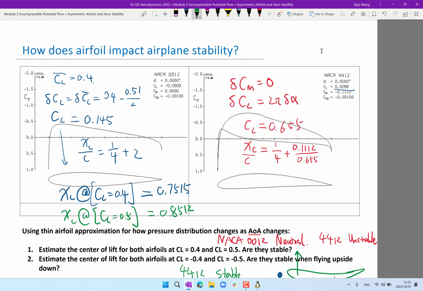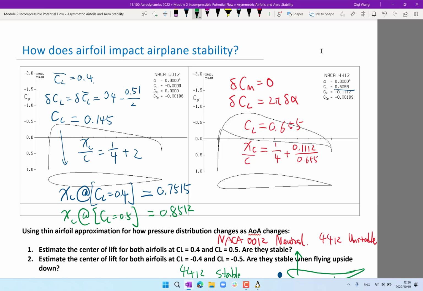Again, for example, if the design CL at a certain speed is 0.4, then the center of lift has to coincide with the center of gravity, which is going to be 0.75-ish. If you pitch up, the center of gravity doesn't change, but the center of lift shifts to 0.85. That'll create a nose down moment. The gravity is no longer balanced with lift. Gravity still points down here, lift now points up here. So it's going to restore the whole airplane to a neutral location.